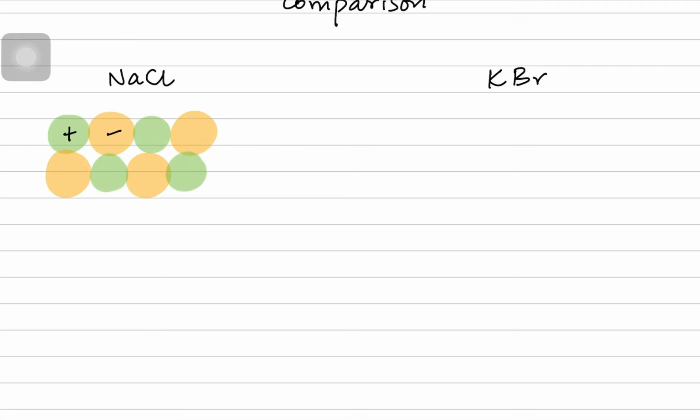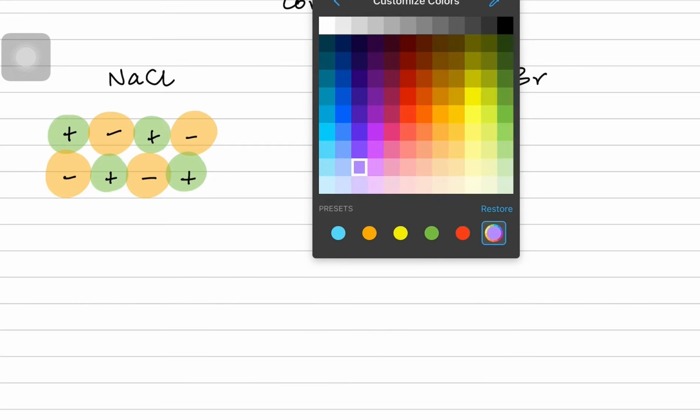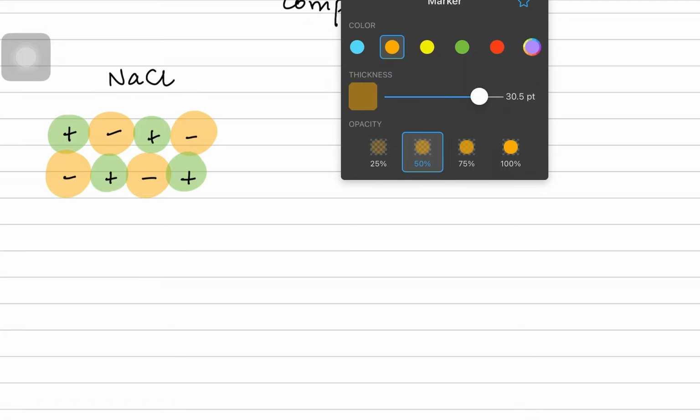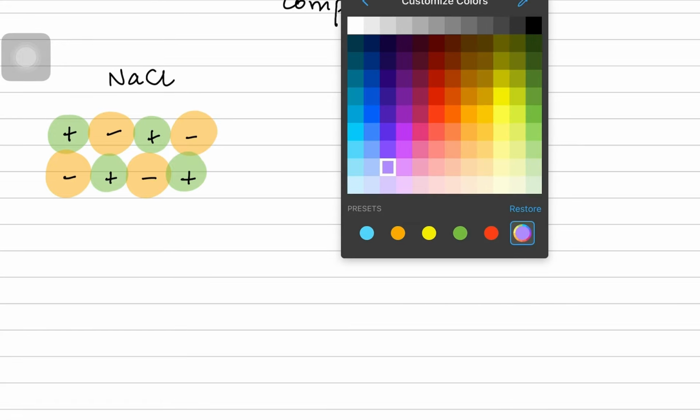I have got sodium ions in green and the chloride ions which are orange. But when I try to draw potassium bromide, it will look slightly different. You know why? Let's talk about it. Let's pick some other colors. Let's say purple is for potassium, and bromide is blue.